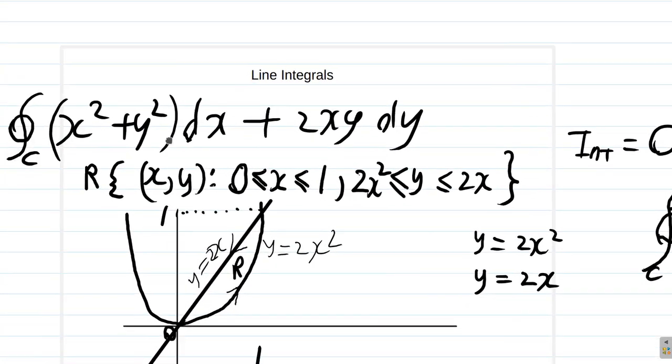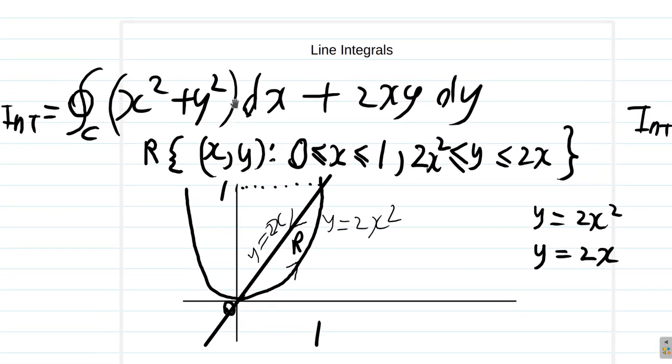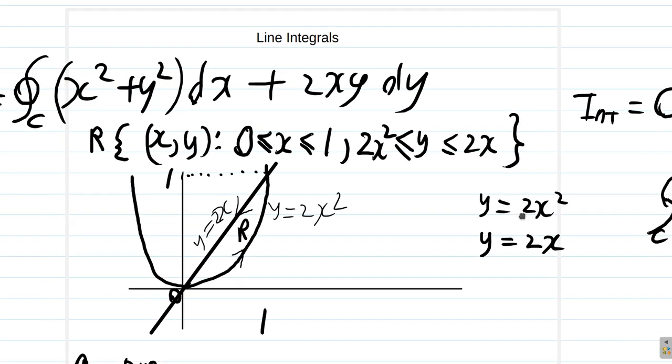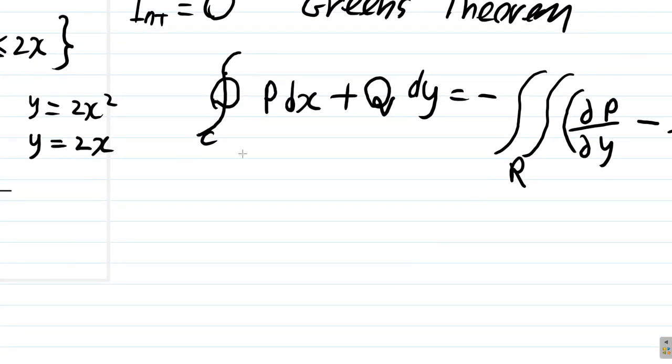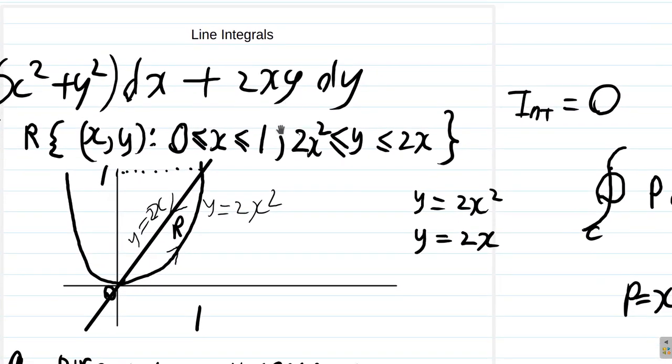If you look at the formula for the integral of P dx, you can see here it is x squared plus y squared. So P equals x squared plus y squared. And then you look back at the formula for Q. It's the formula for the vector field. What is Q? Q is 2xy.